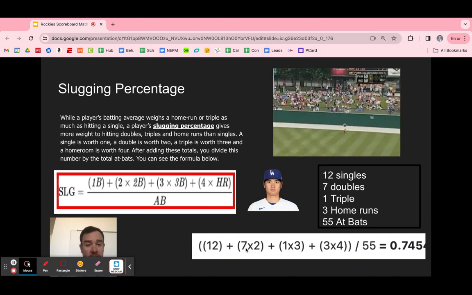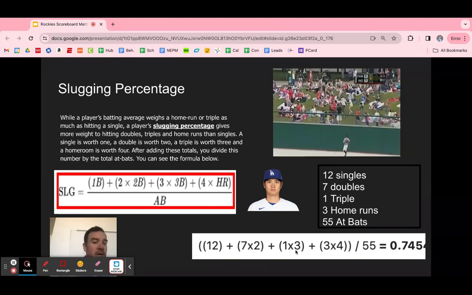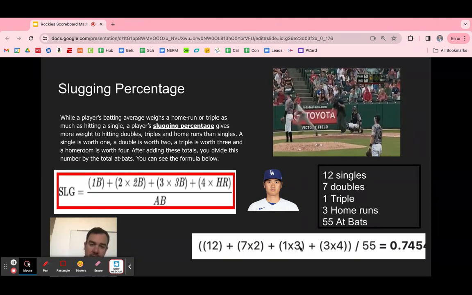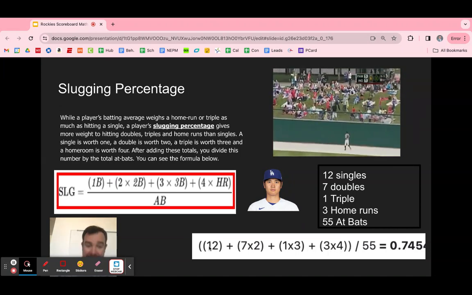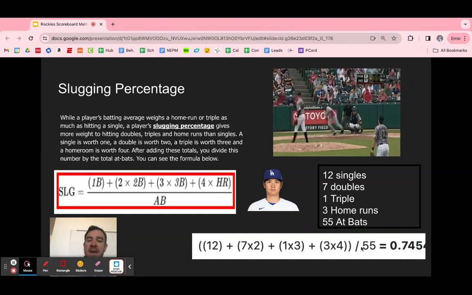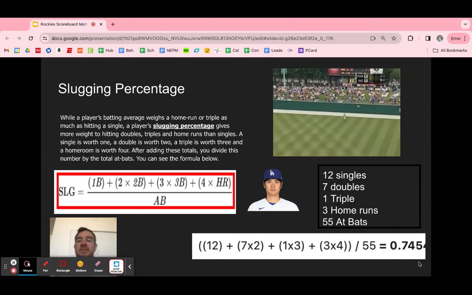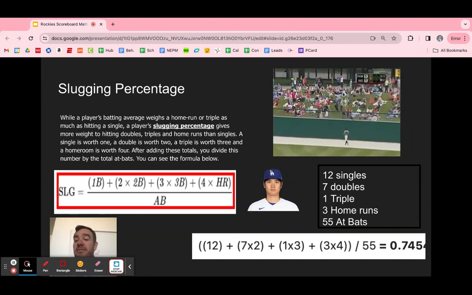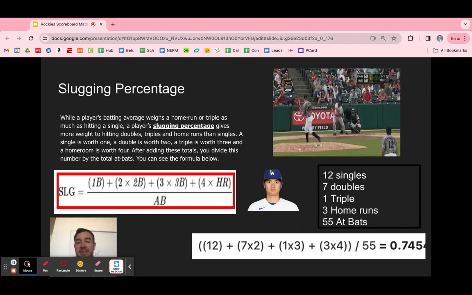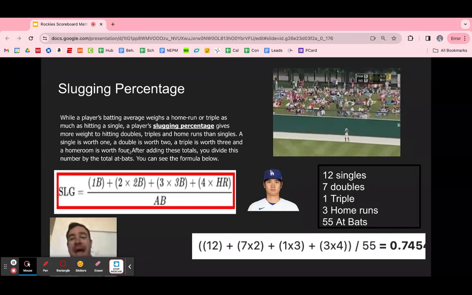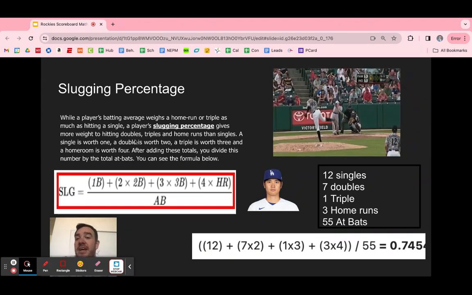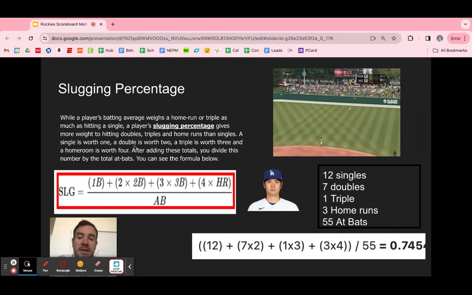We would do 14 points, 7 times 2, for the doubles, 3 points for the 1 triple, and then 12 for the home runs, 3 times 4 is 12. We'd add all of that up and divide it by 55, and you would get a slugging percentage of .745, which is a very high slugging percentage, and it shows that this is a player with a lot of power, and it makes Shohei Ohtani a really successful baseball player.